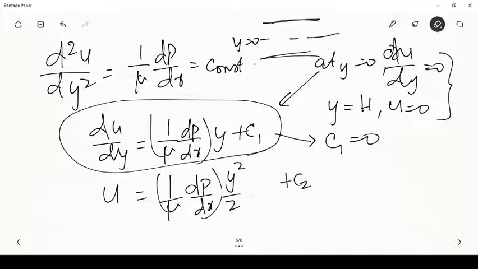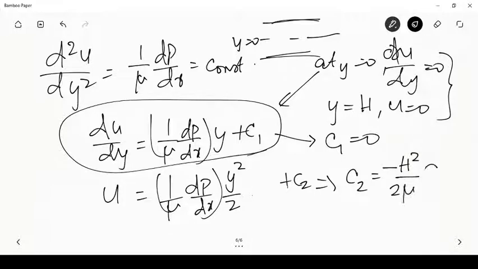Now if I apply the second boundary condition, at y equal to h, u is equal to 0, I will get 0 equal to this plus c2, so c2 would be equal to this with a negative sign: minus h squared by 2 mu into dp by dx. That is your c2. If I substitute that in, it's y squared by 2 mu here, so it's actually h squared minus y squared.